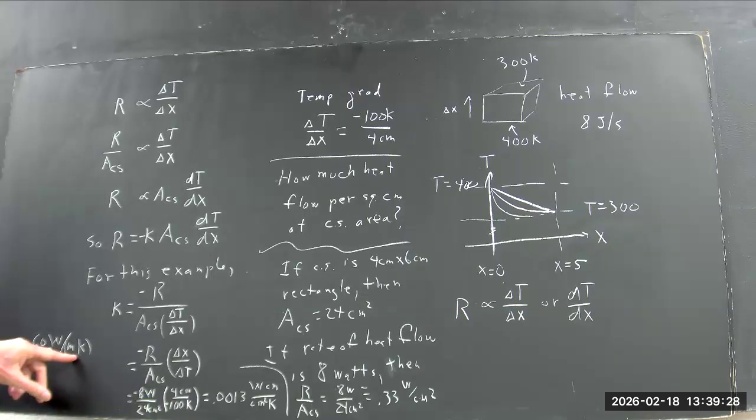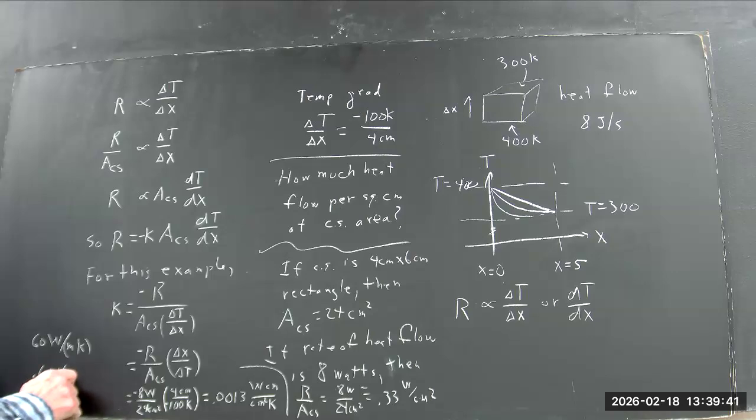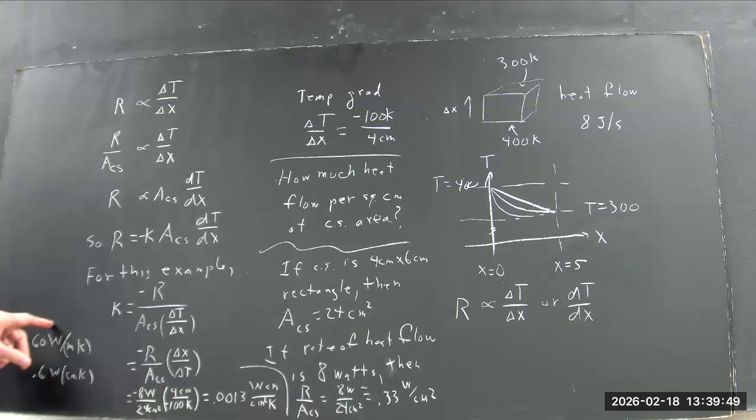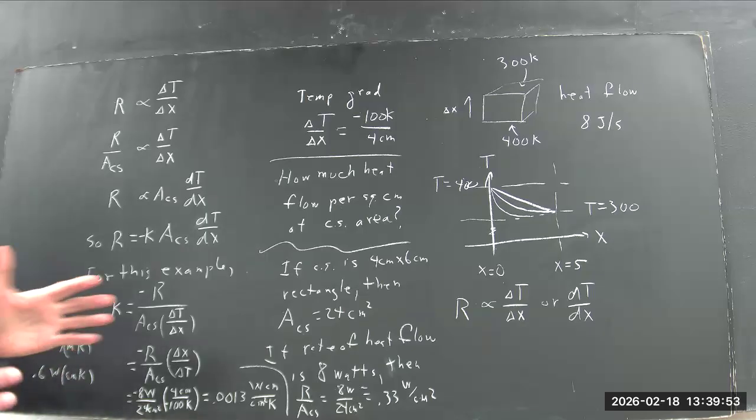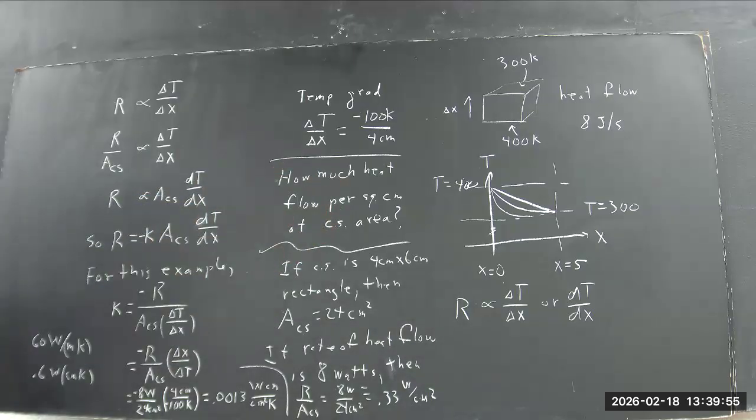Now, if this is per centimeter Kelvin, then you got 1/100th of that, which would be 0.6 watts per centimeter Kelvin. This is the number of watts that would flow through 1 meter square.